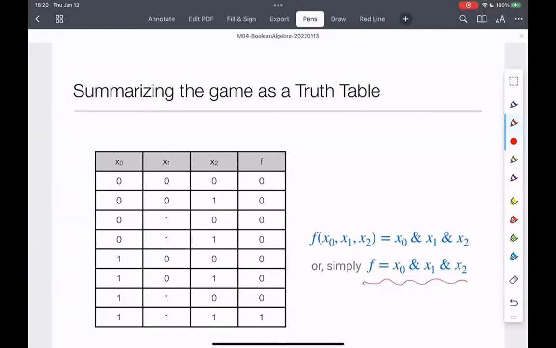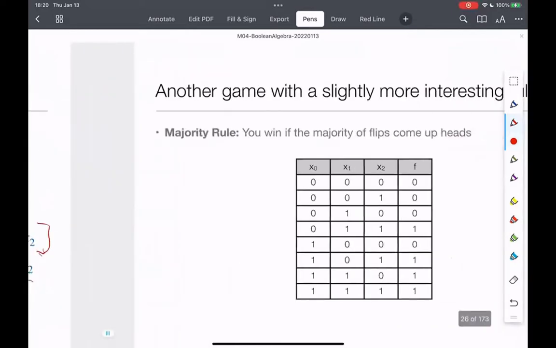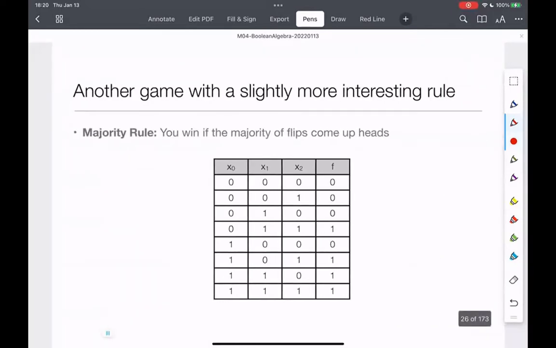But strictly speaking, this is what is going on, much like you might write in conventional algebra. Let's say another example, 3 inputs, and we win the game if the majority of the inputs are high. So if all 3 are high, the output should be 1, and if any 2 are high.